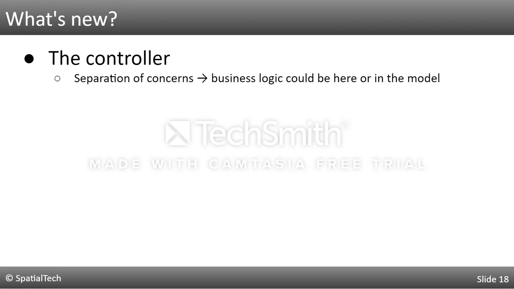So they clicked on this button. And that might cause the controller to update a field or make all the values in a column go uppercase or something, right? The controller will go do that. Or there could be some other business logic, like, you know, the user typed in this value, is it in the domain value for this particular column? And so this is separation of concerns, that view does view stuff, model does model stuff, and the controller is that, you know, kind of, well, controls the whole operation.